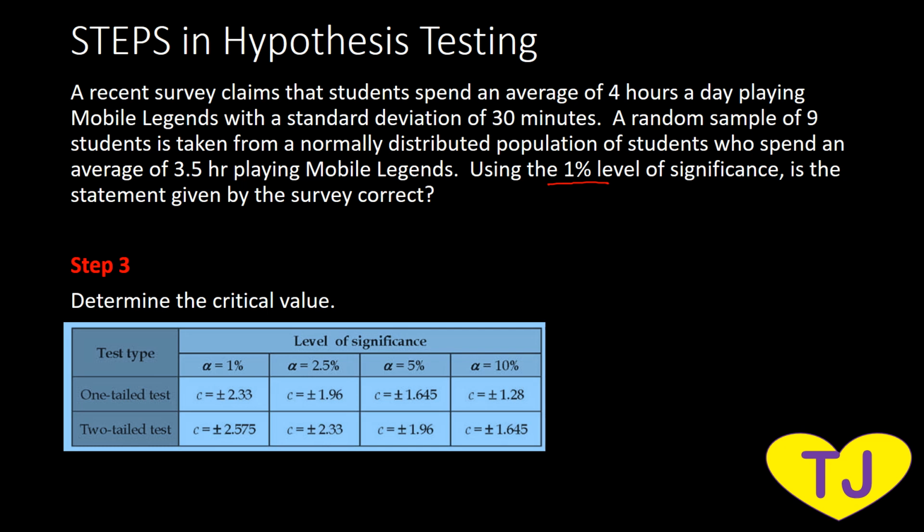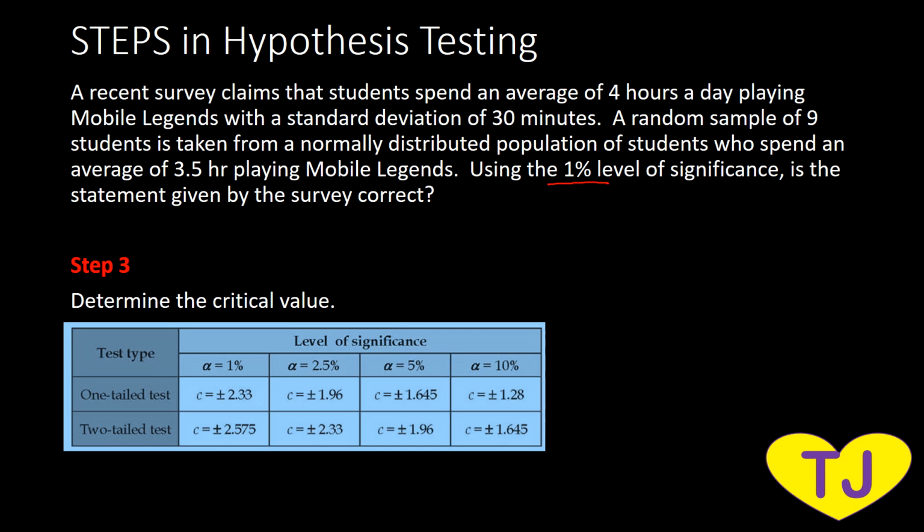But in the event that your level of significance is not found on the table, then you may have to locate that on your own by simply locating on the z table the area which is equivalent to that level of significance. So I hope that's clear, everyone.